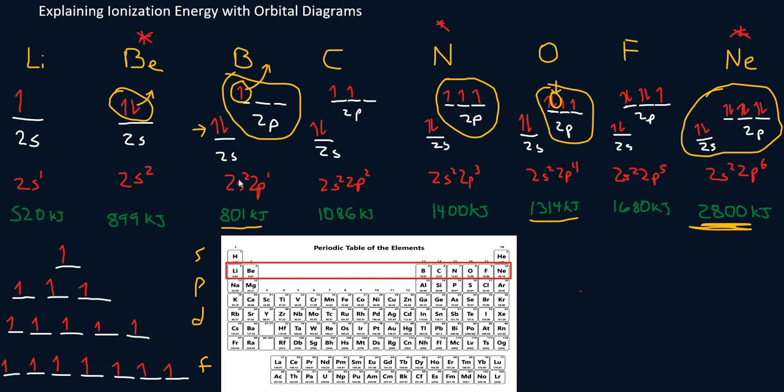And it all has to do with stability. The more stable your atom or molecule is, the more energy is required to alter it. The less stable it is, the less energy is required to alter it. So there you go, and hopefully that helps explain that whole phenomenon with ionization energy discrepancies.